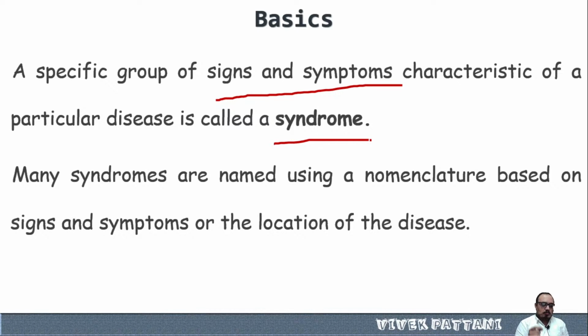Syndromes are named using a nomenclature based on the signs and symptoms or the location of the disease. It may depend on the sign, the symptom, the location, and also various other factors.